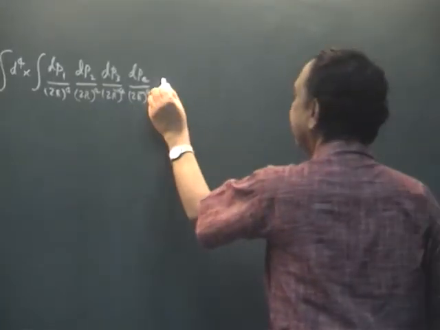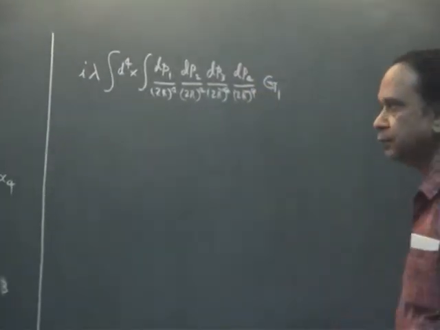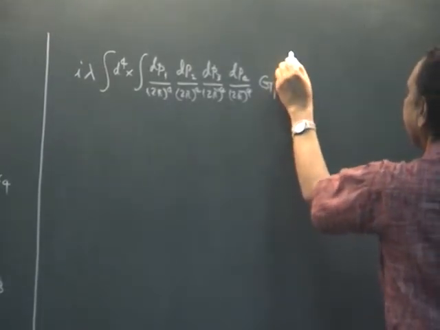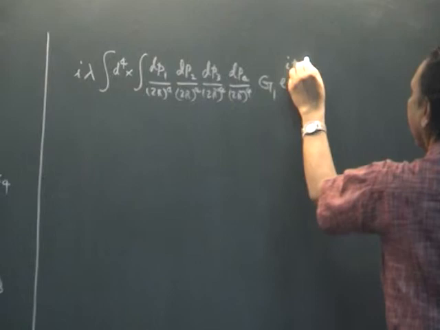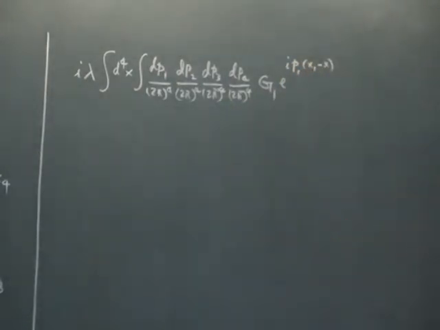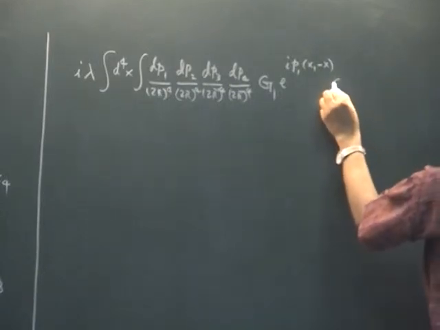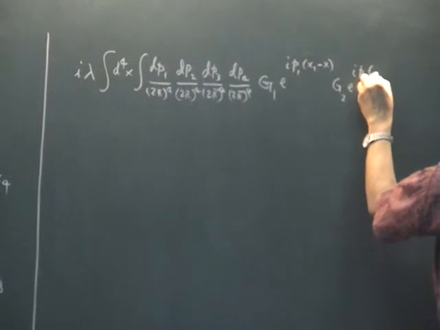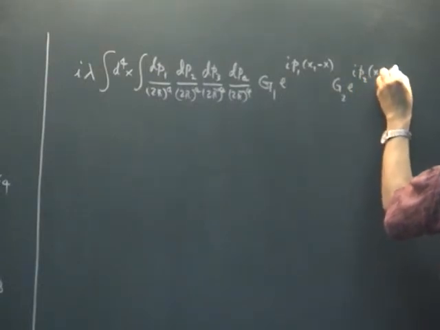So I have a g of p1, which I will call g1, times our convention, let us say, e to the i p1 x1 minus x. I just have to use it consistently, that is all. Then I have a g2 e to the i p2 x2 minus x.